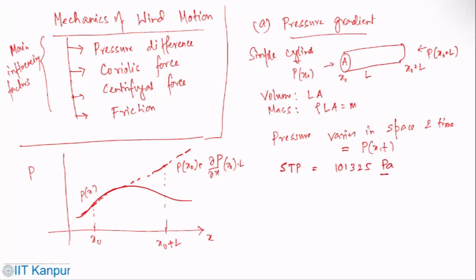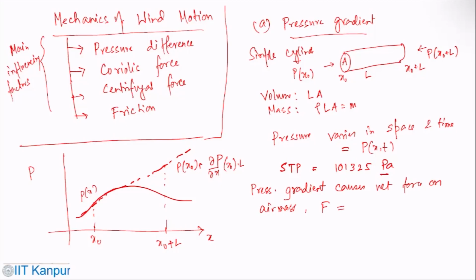Okay. So what happens here is that the pressure gradient causes a net force on the air mass. Let's say F would be the net force.